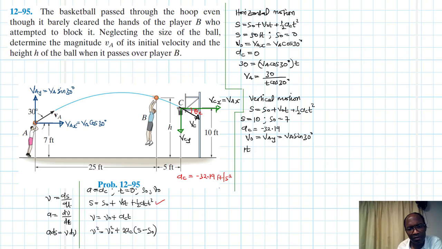Therefore, this becomes 10 equal to 7 plus VA sine 30 times t minus half of 32.19 t squared.